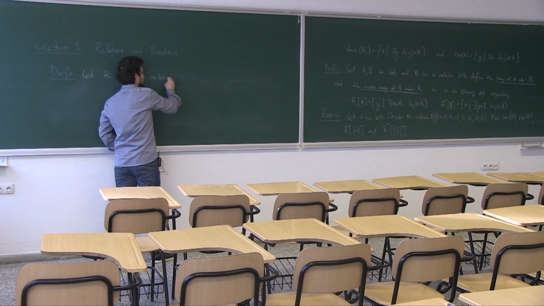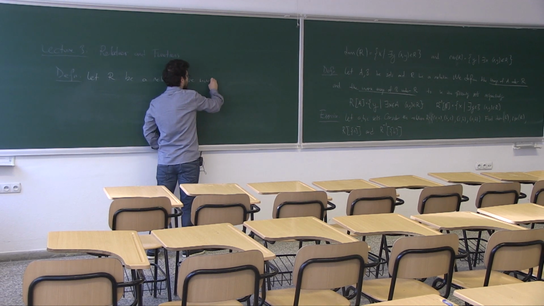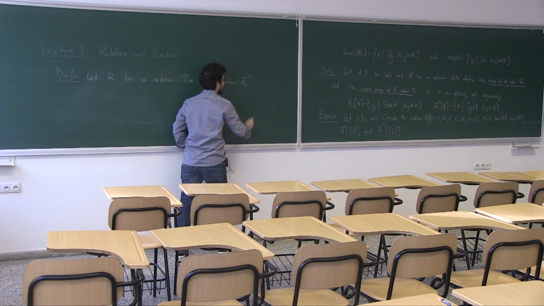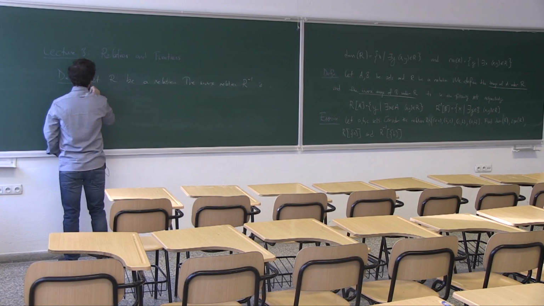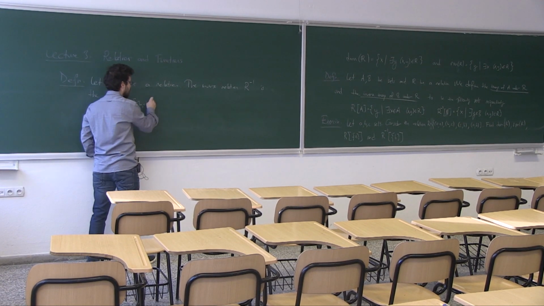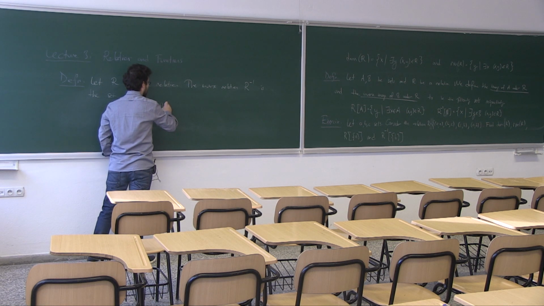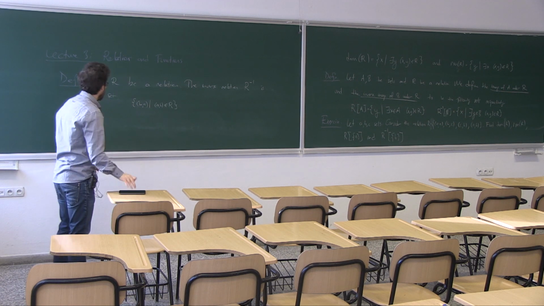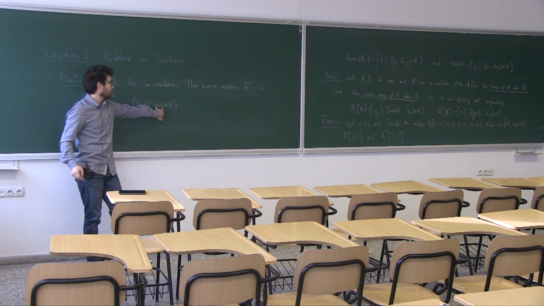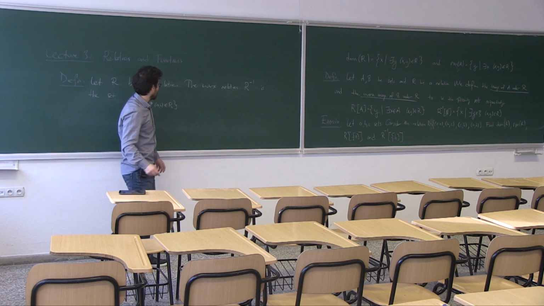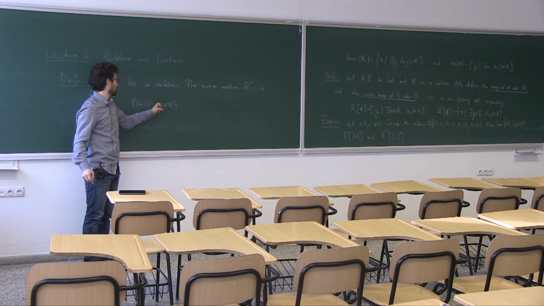The inverse relation R inverse is the set of all ordered pairs BA such that AB belongs to R, okay? So you basically pick all ordered pairs in R and flip their components.